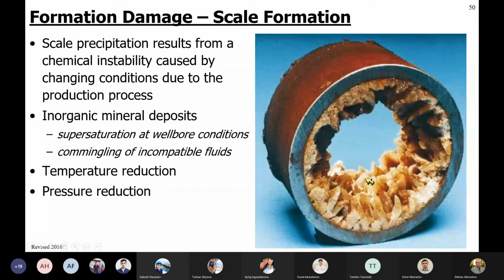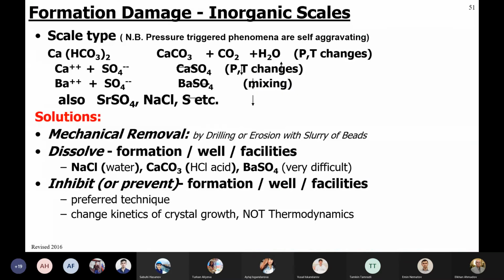Therefore there are some inhibitors used, changing the kinetics of the crystal growth, and then some mechanical removals are used with the scavengers, or injecting some fluids to remove those scales, or dissolve them with some chemicals, acid wash, and so these are some effects of inorganic scales.